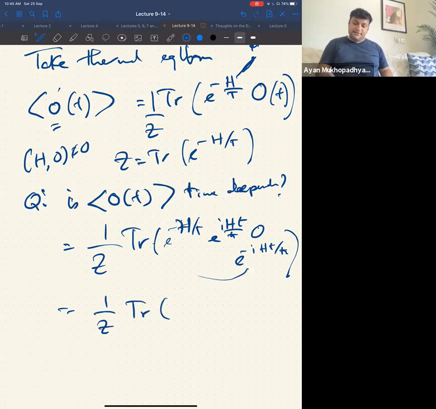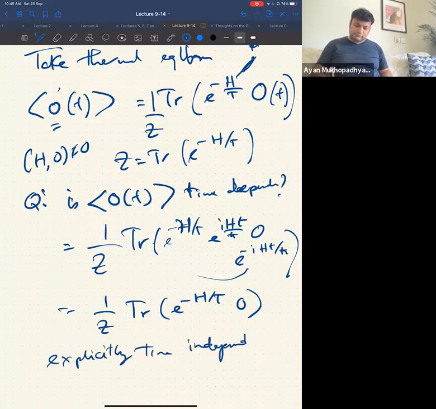I bring this here, and because H commutes with itself, it's simply e to the power minus H by T, and it's explicitly time independent. So even if, for example, the particle number doesn't commute with your Hamiltonian, it will fluctuate. It has classical fluctuations, but its average is not going to change.